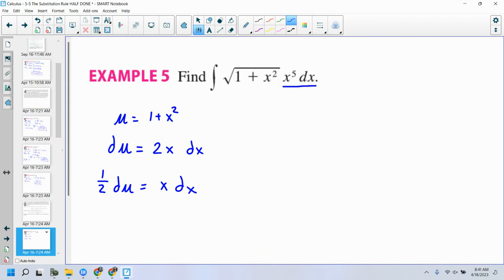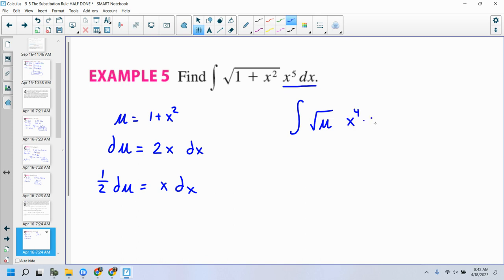Okay, so let's do that method of working it backward a little bit. So this is the integral of the square root of u times x to the fifth dx. Now, I know x dx. Isn't another way to write x to the fifth x to the fourth times x? Right, x to the fourth times x to the first.